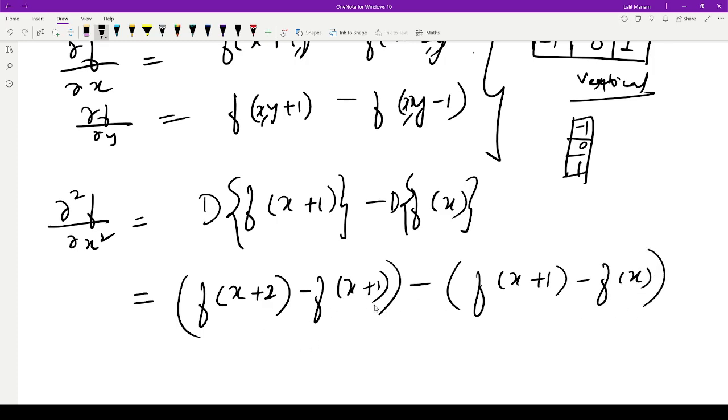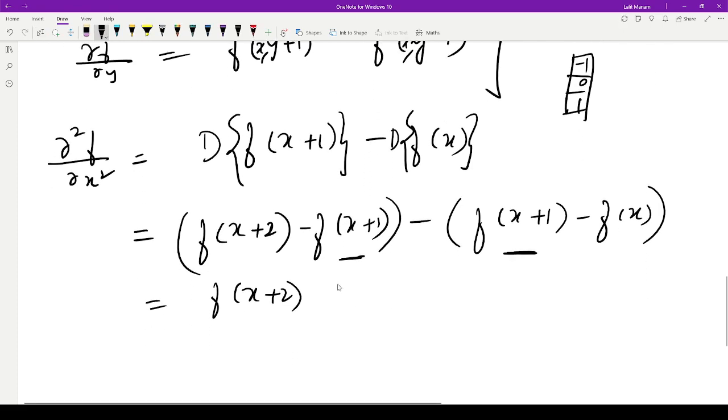Here we are taking the center pixel as f of x plus 1 and not f of x. You can easily change it by shifting it by one place. That's an implementation aspect. So this is how it looks if you take the double derivative, with respect to f of x plus 1 at x plus 1.